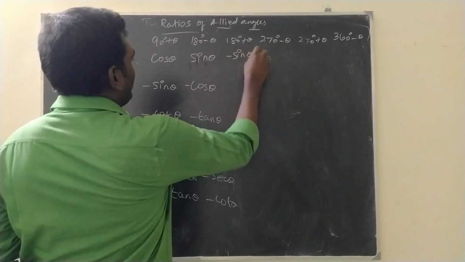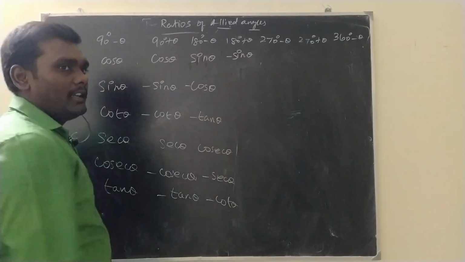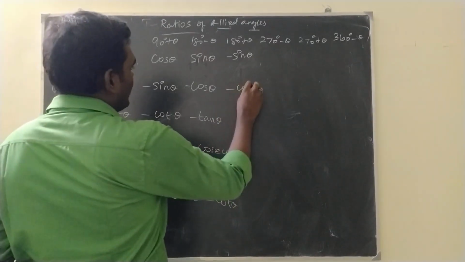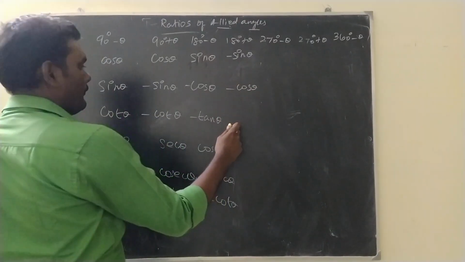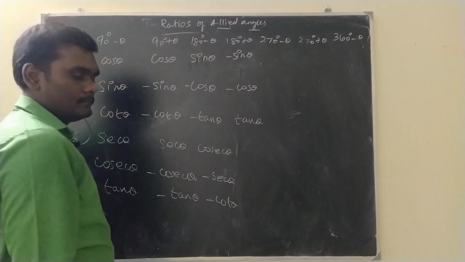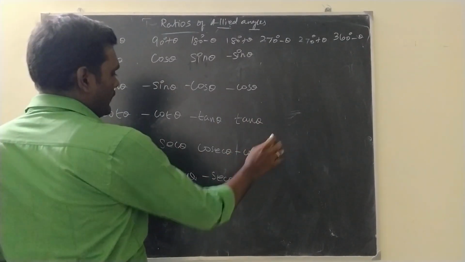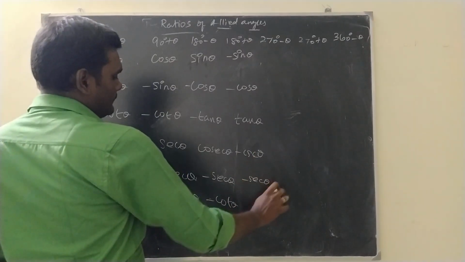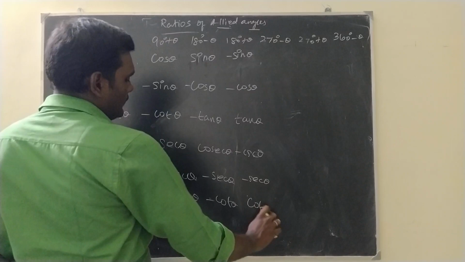Minus sine theta. There you go. Answer fast. Cos 180 degree plus theta, minus cos, okay, plus tan theta, then minus cosec, minus sec, plus cot theta.